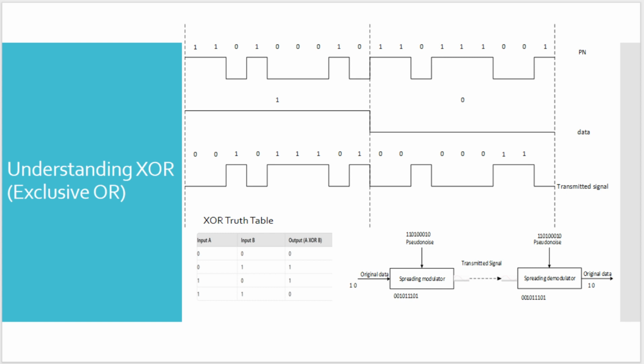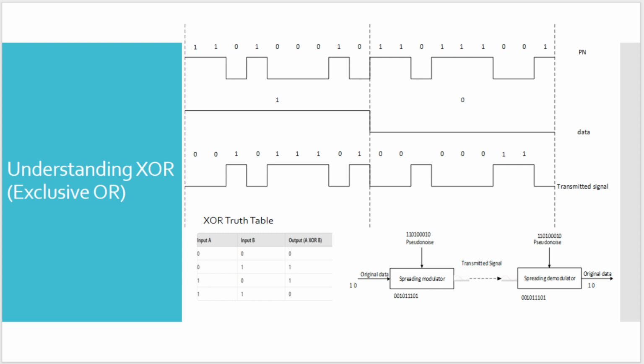So you can see the picture. We have the data, which is 1 and 0. The PN is according to the data input 1 and 0.